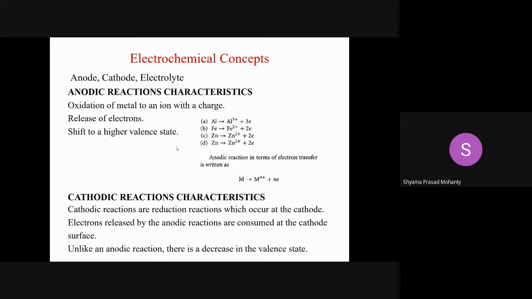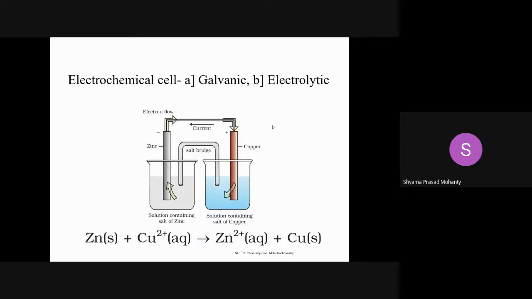At the anode, oxidation of a metal to an ion with charge will occur, so electrons will be released. These are some examples of this oxidation process. Whereas at the cathode, you will have reduction. Reduction means electrons will be consumed. There also there will be a change in valency.